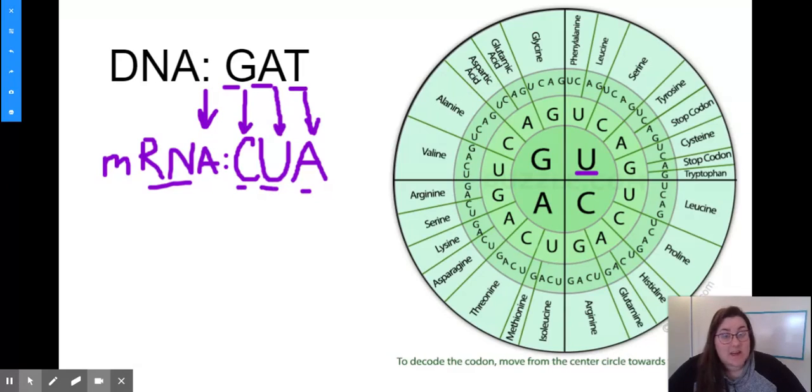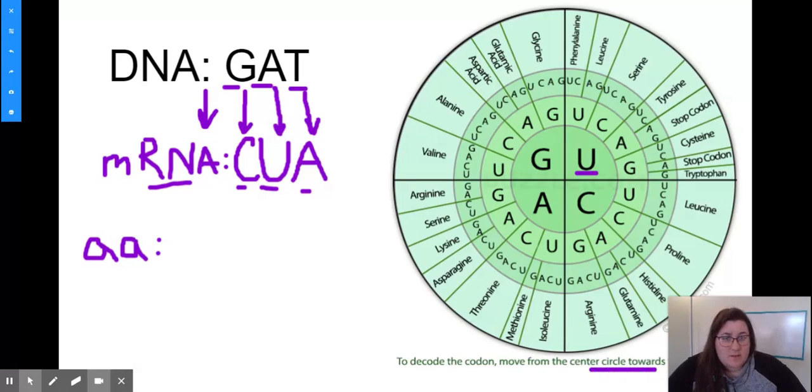And that's what I can actually use for this codon chart that's over on the side. So now we need to figure out what our amino acid is, which I'm going to abbreviate with AA for amino acid. Now I have to actually look at this table and use this mRNA sequence to answer the question. So I start from the very center, just like it says down here, and move from the center circle out.